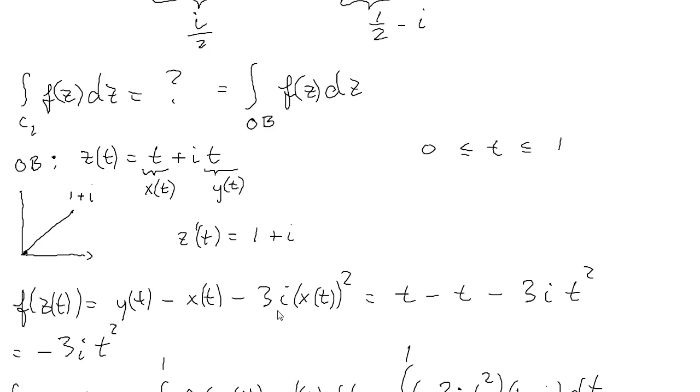So again we use the general expression for f of z and replace x and y with x of t and y of t, and here we have x of t and here we have y of t, and we substitute this into this expression and get that f of z of t is equal to minus 3i t squared.